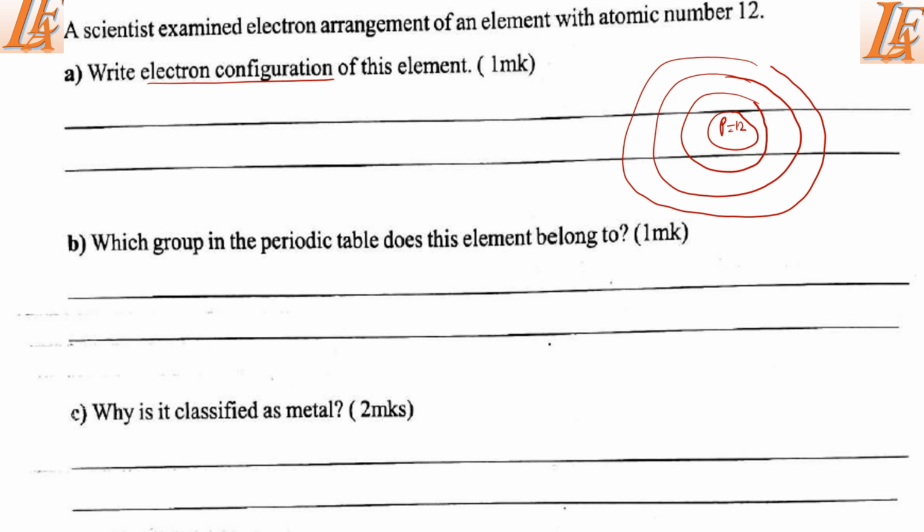The first energy level will take only 2 electrons and it is full. The second energy level will take 8: 1, 2, 3, 4, 5, 6, 7, 8. And then the last one will take 2, so that we have 2 plus 8 plus 2, that is 12. I want you to know that electrons are placed in pairs.